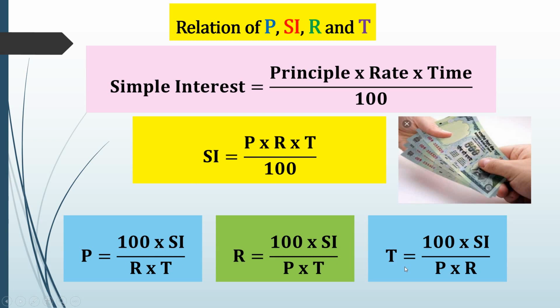Is that clear? And finally, let's see what we mean by amount. The amount is the sum of the principal and the interest on it. That means the amount which has been borrowed, that is the principal amount, plus the extra charge which the borrower has to pay, that is called interest.